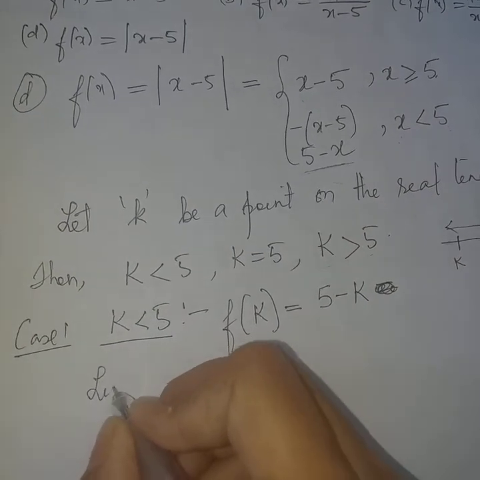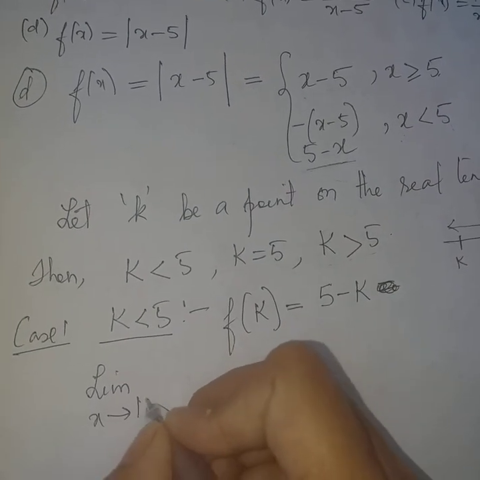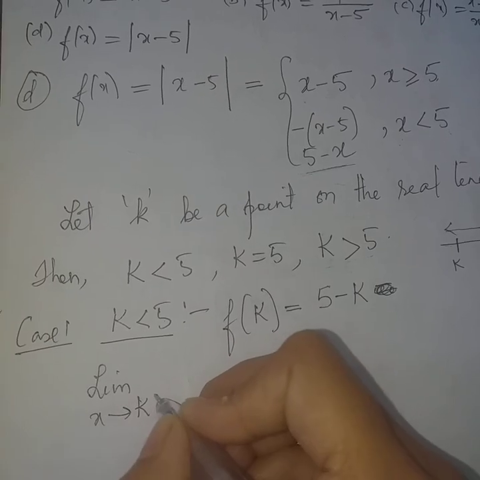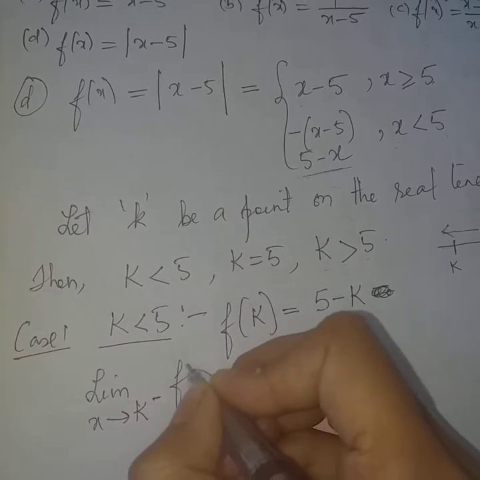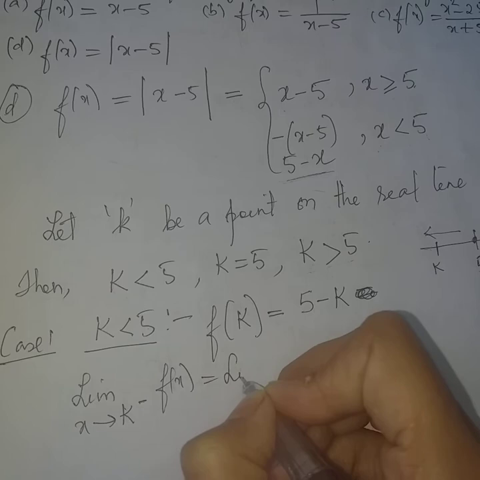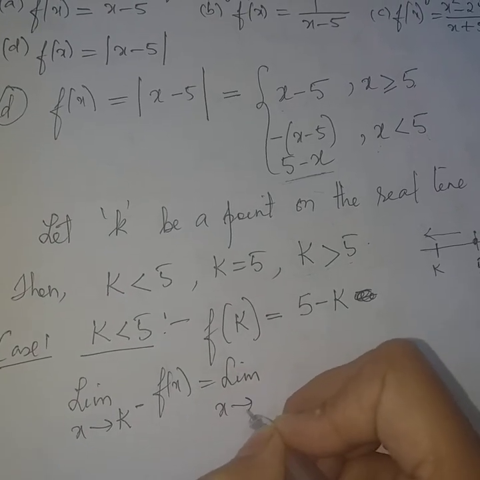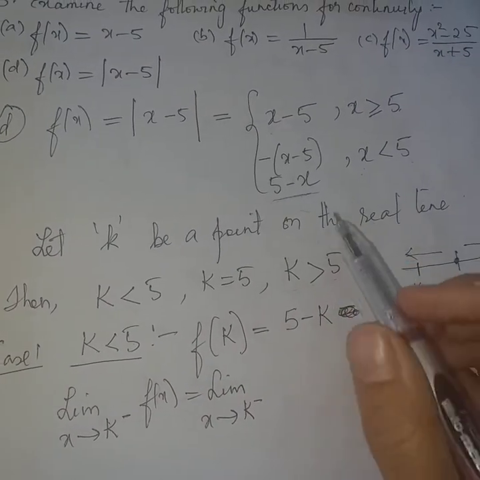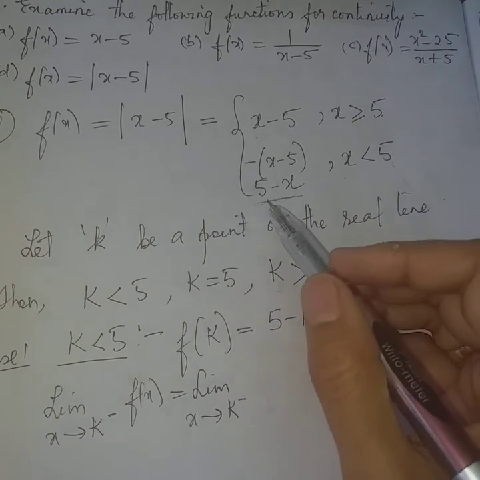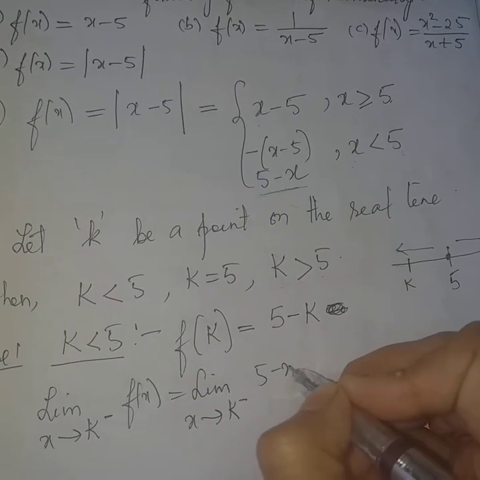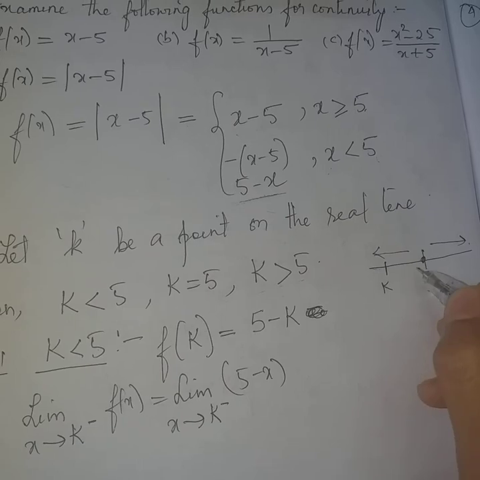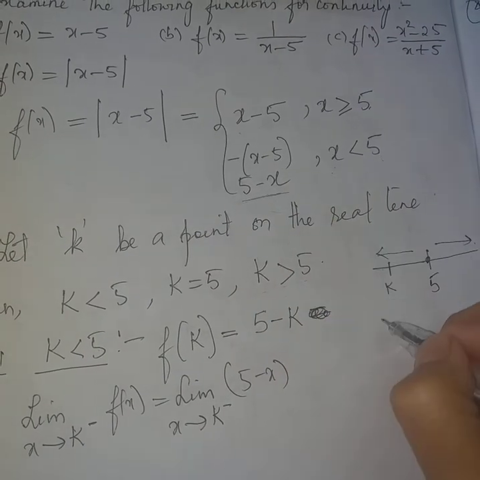If you take the limit as x tends to k minus of f(x), then if we take a point slightly less than k, it will also be 5 minus x, because for every point here the function is 5 minus x.